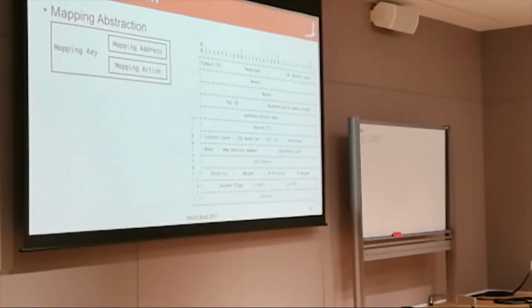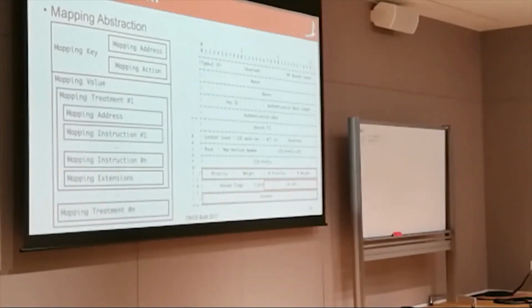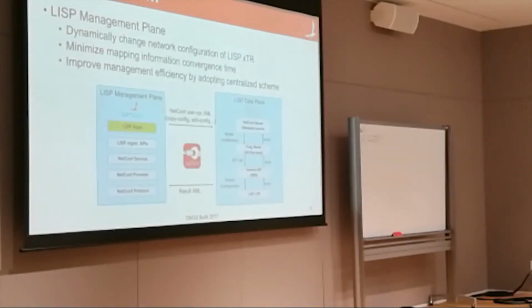There's the mapping key, the mapping address, and the mapping action, and then we also try to abstract the usual parts like priority, weight, and log AFI, the logger, and so on. I tried to refer to some other mapping systems to abstract the common part. So this is a LISP measurement plane.